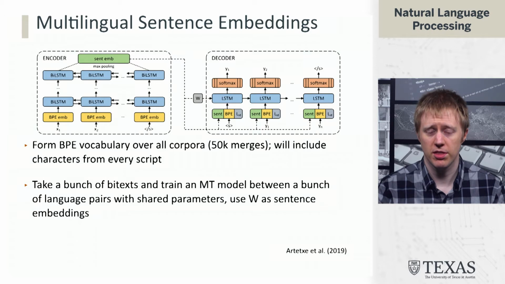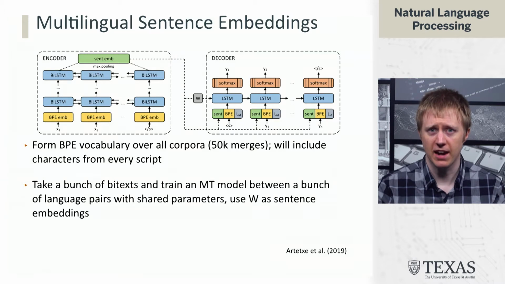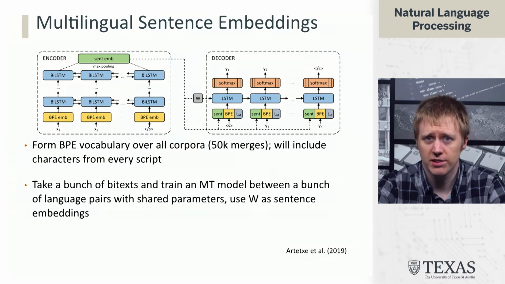is to think about going beyond the level of words and actually produce sentence embeddings. So what they do is they have a shared BPE vocabulary between a whole bunch of different languages, and then they train MT systems on a bunch of bitexts between these languages. And the key thing here is they do not use attention. They instead boil down the source sentence into a single sentence embedding and then feed that into the decoder.